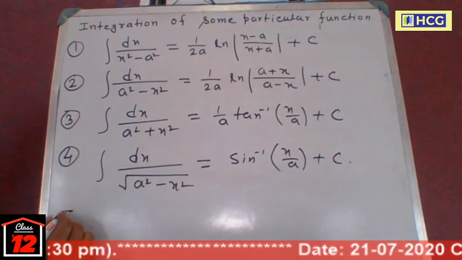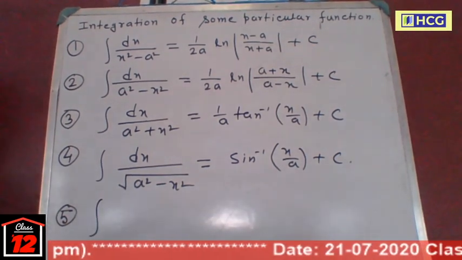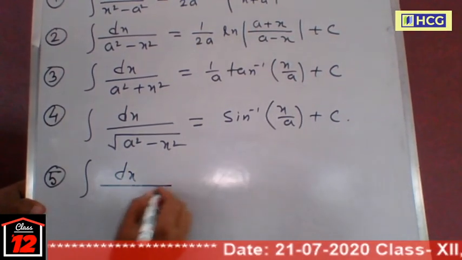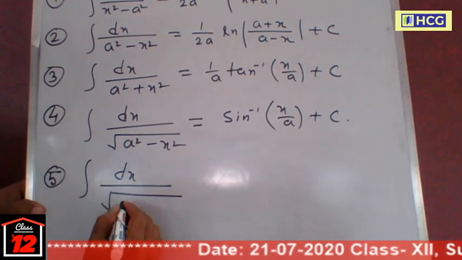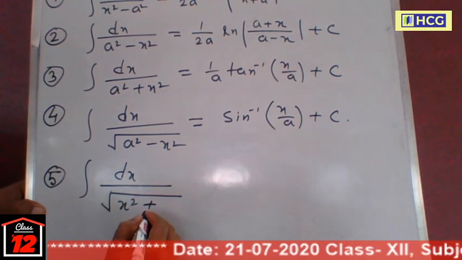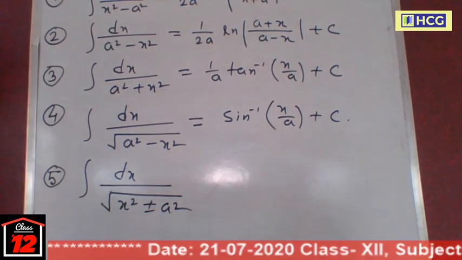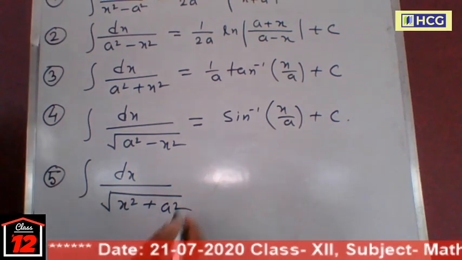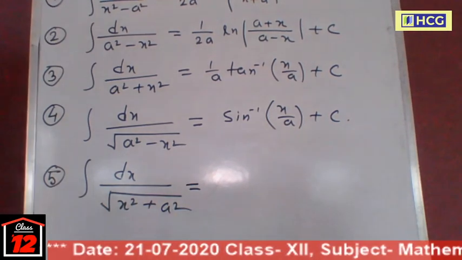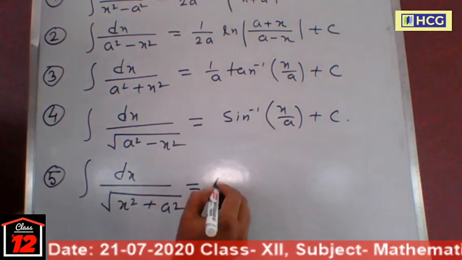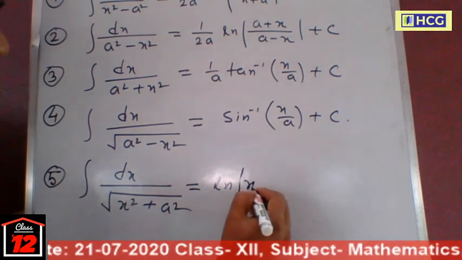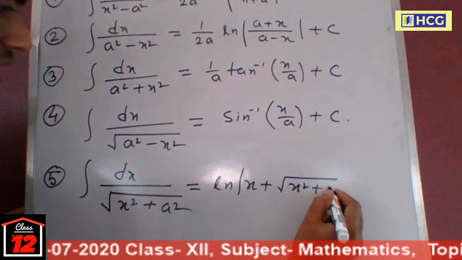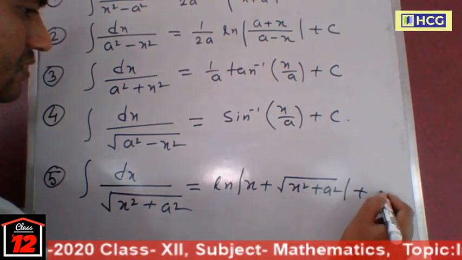Formula number 5: integration dx by square root x square plus a square. Now this is equal to ln mod of x plus square root x square plus a square, plus c.